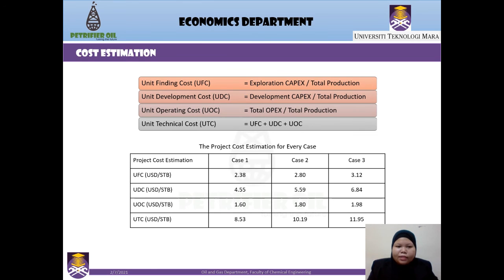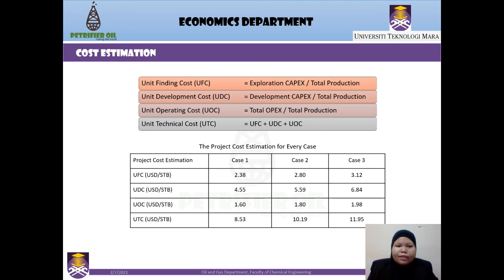Moving on to the cost estimation. It is a measurement of the investment of a project relative to the oil produced. The smaller the value of the cost estimation, the less investment is needed to produce one barrel of oil.